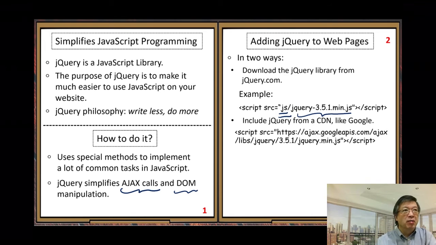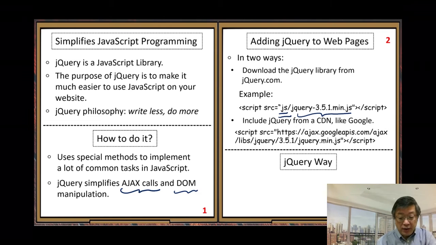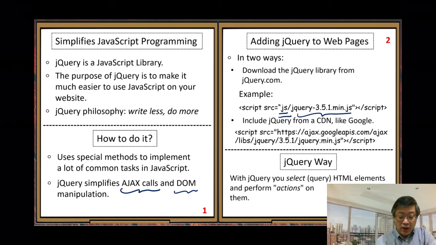But we would like to learn some basic principles when we use jQuery. The typical jQuery way can be described in just one sentence. With jQuery, you select some object first, the general object first.